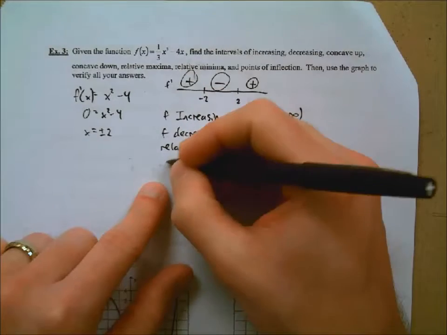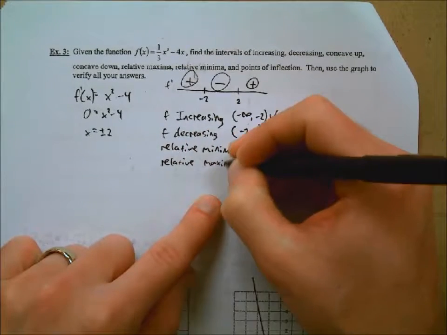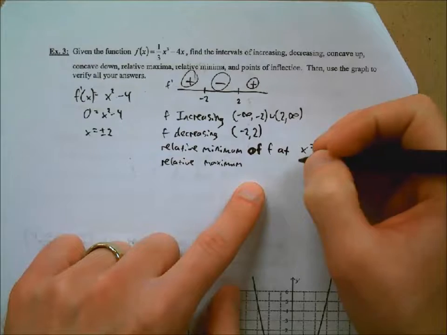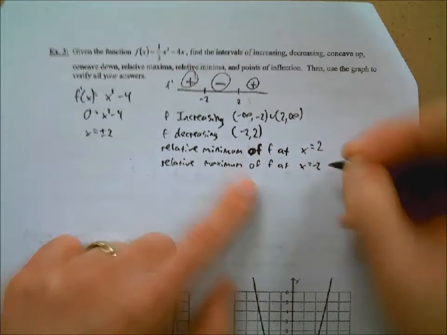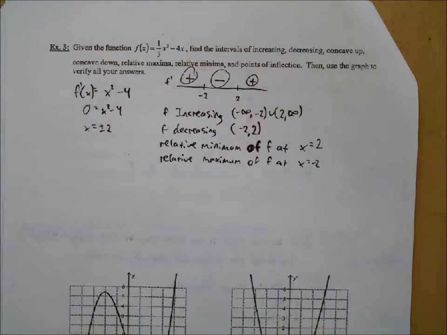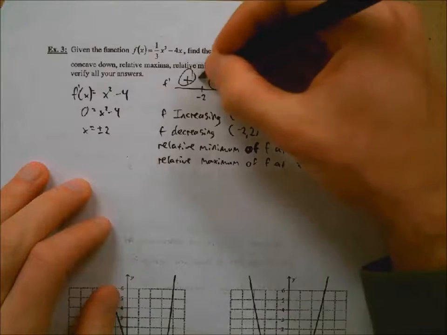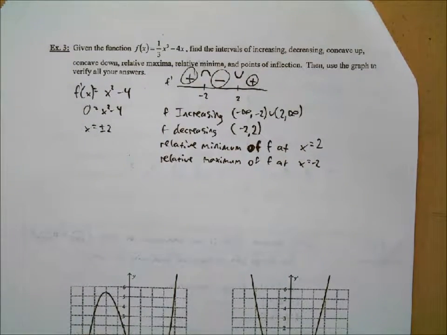And we have a relative maximum of f where? At negative 2, because the first derivative is changing from positive to negative there. So the original function would be changing from increasing to decreasing, and decreasing to increasing. You can indicate those if you want in there, just to help you.